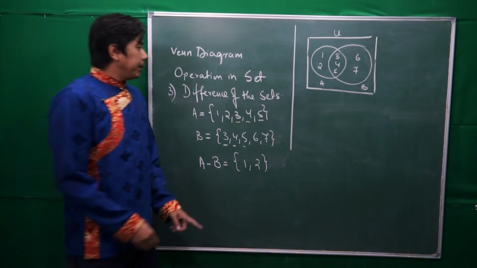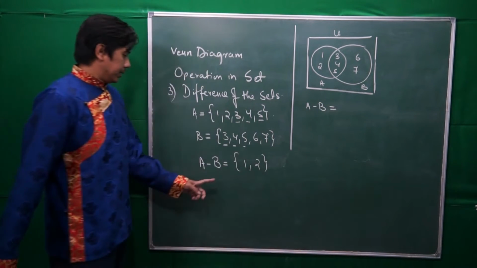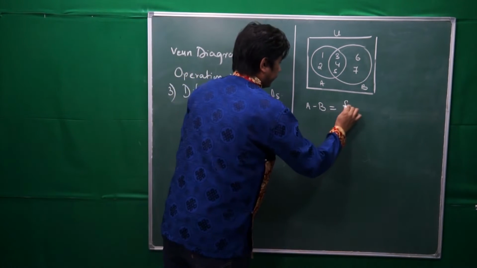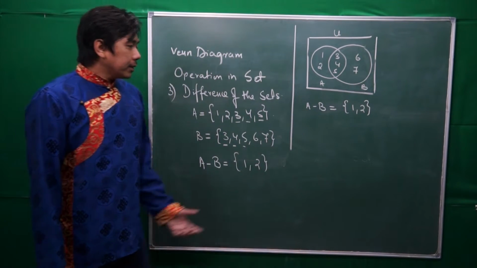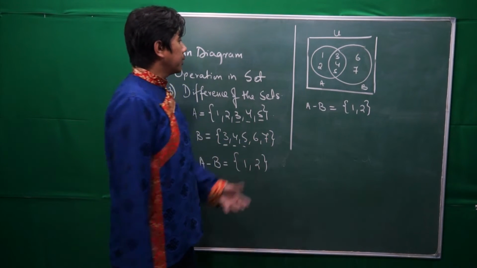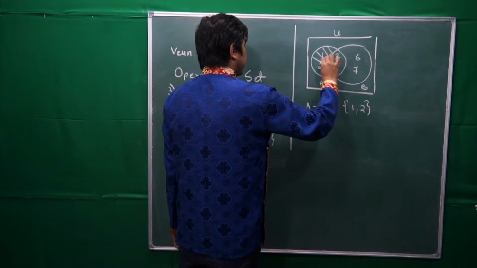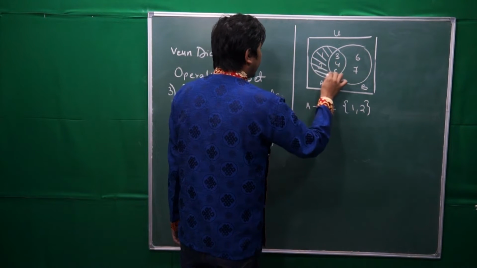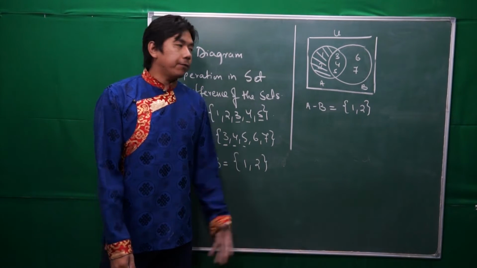So A minus B, as I've told you, the answer is 1, 2. Clear? Okay. Now this answer is 1, 2. You can see clearly which region is 1, 2. So this region, the region that is exclusively to A and A only. Alright. So this is difference of set.